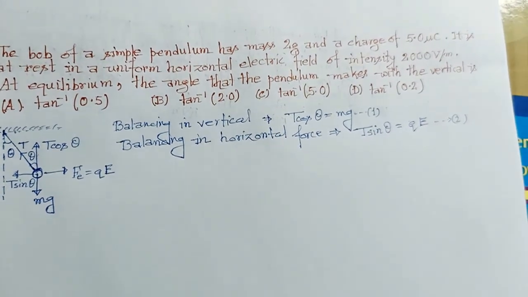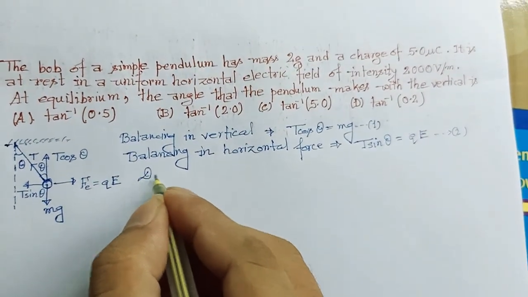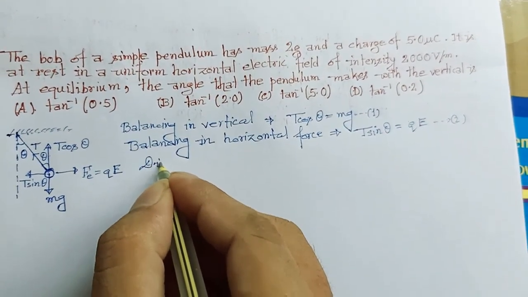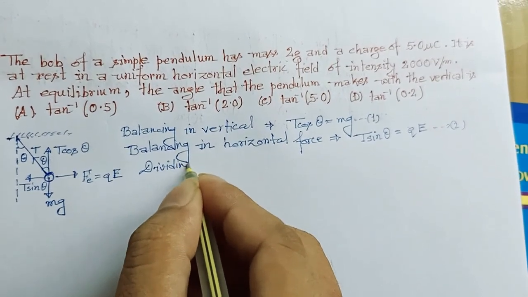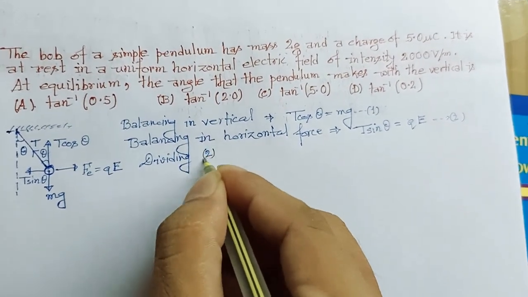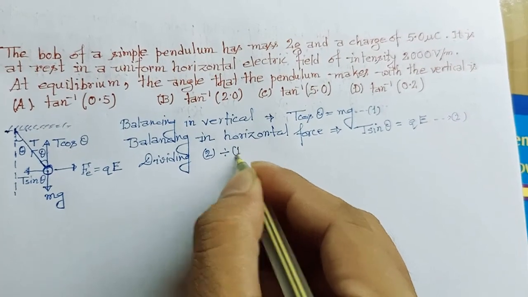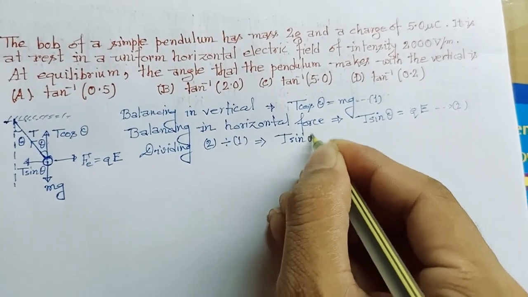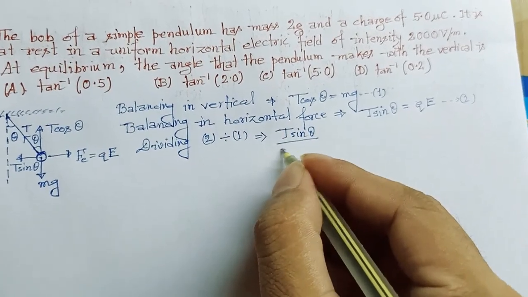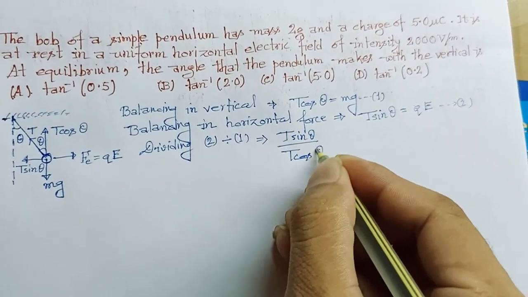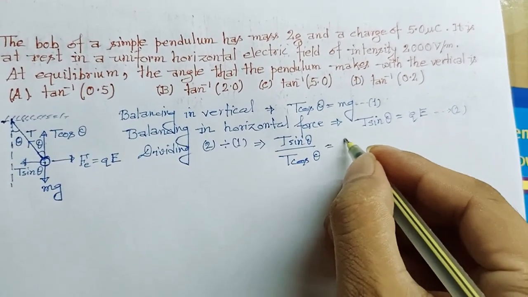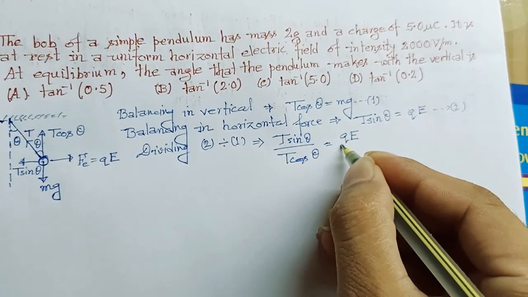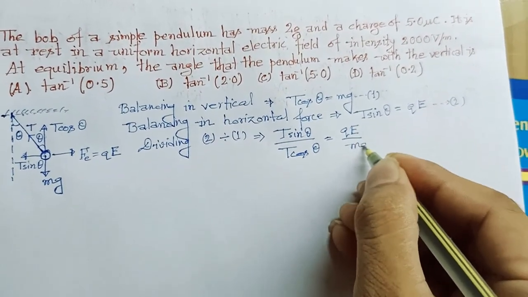Now if we divide these two equations, dividing equation 2 by equation 1, which gives us T sin theta divided by T cos theta is equal to QE divided by mg.